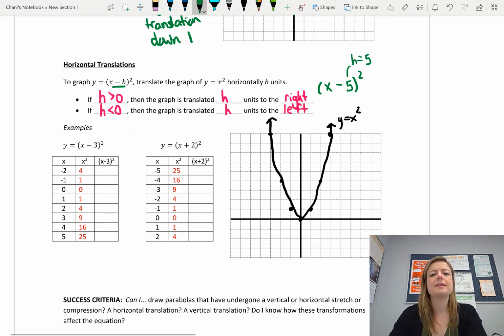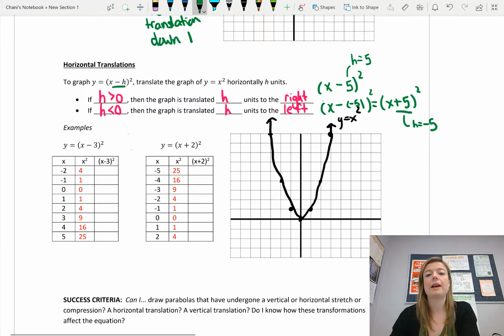If h is less than 0, it goes to the left. So that would be something like x minus negative 5, all squared, which would look like x plus 5 squared. So if you see a plus there, in this case, h is actually equal to negative 5, which means you go left 5.